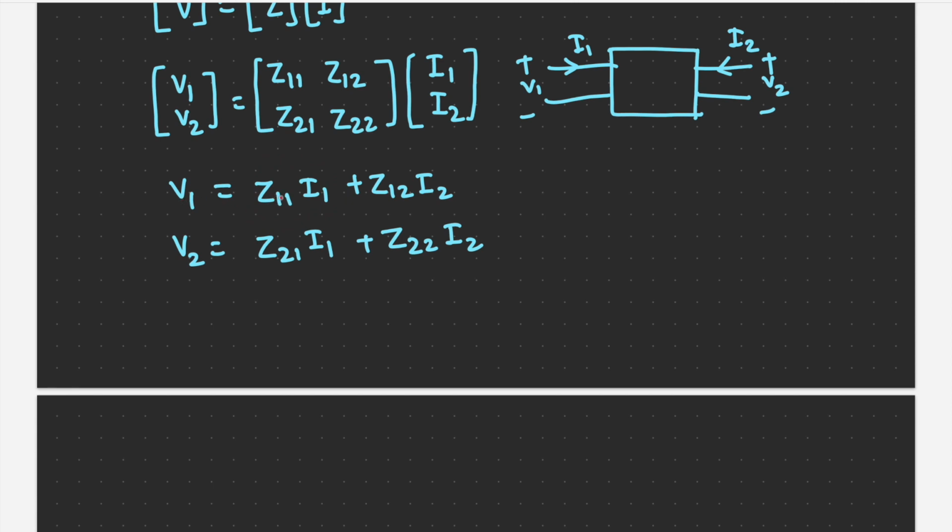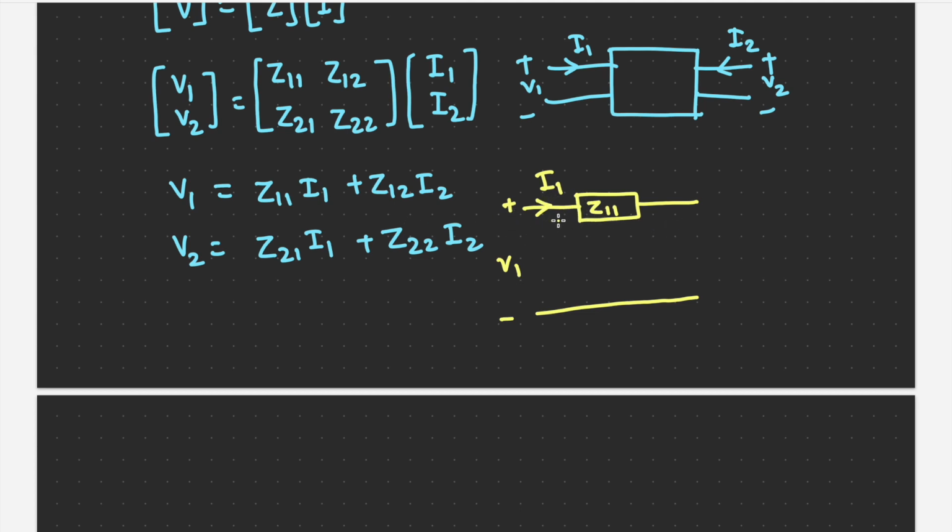So V1 will be Z11 into I1. We are going to draw this in this way. First of all, take Z11 here. Current I1 is incoming to this and voltage across this is V1. Now this will become Z11 into I1.